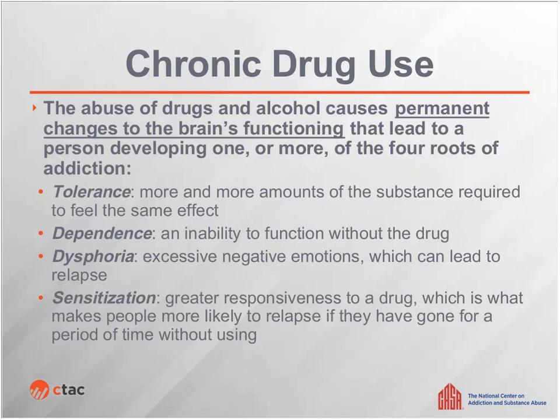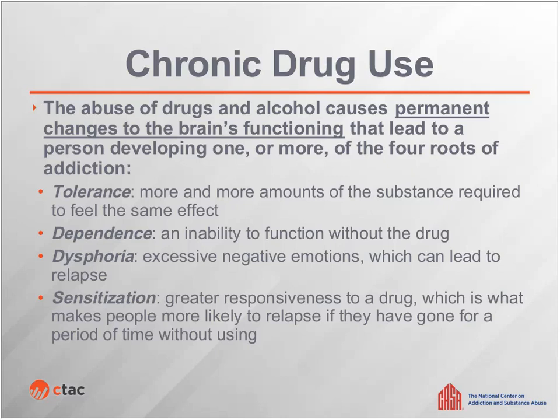Okay, the next term is what we call sensitization, which really speaks to greater responsiveness to a drug. So, for example, if someone had stopped using a substance for a while and they went back to it, they're going to have a greater responsiveness to that drug. It's probably not as sensitive as the very first time, but they're going to have an increased responsiveness to the drug.